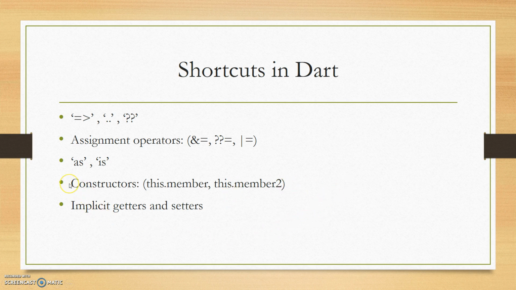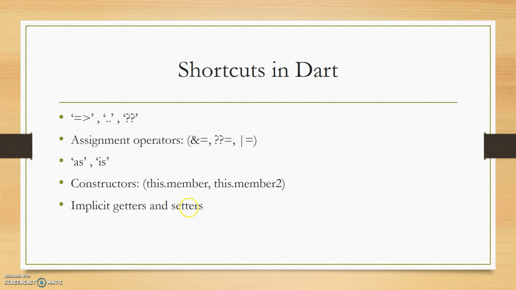One of the coolest things, in my opinion, is how they do constructors. Because it's so common that we just take a bunch of parameters and set them straight equal to the member variables, what they allow you to do is just replace the temp you're getting from the user, and then just put this, and then the member you want to set it equal to.